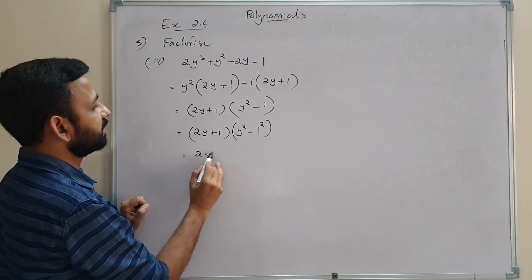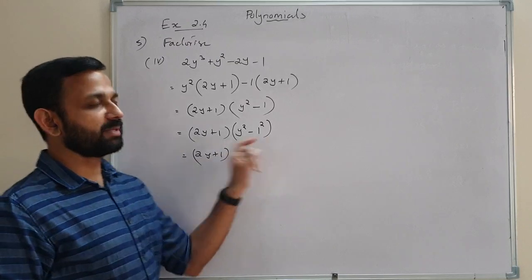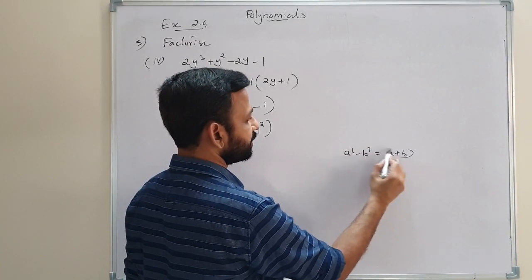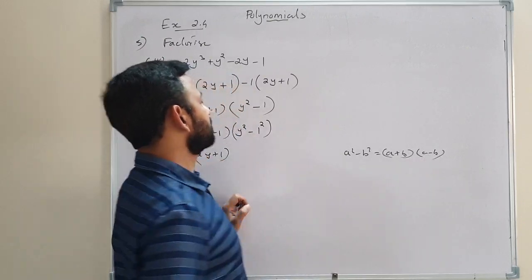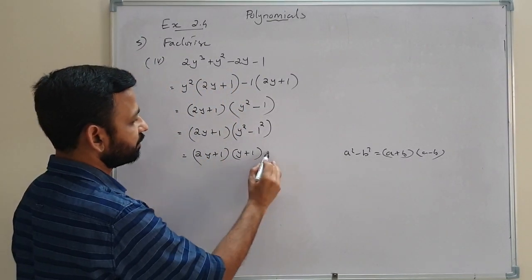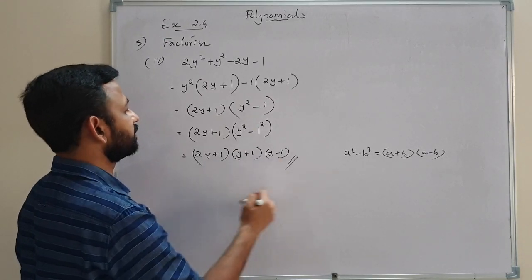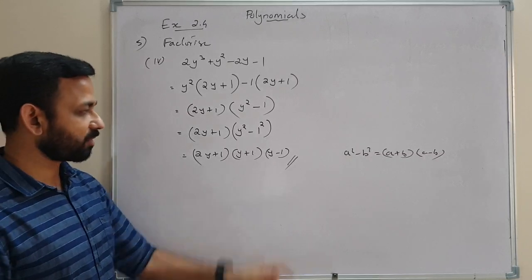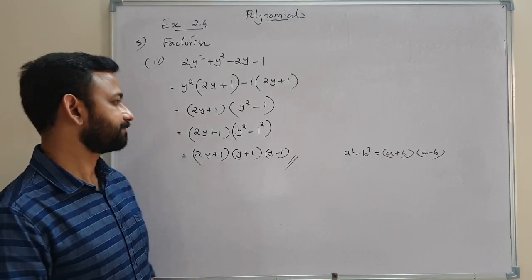Using a square minus b square equals a plus b into a minus b, y square minus 1 square is y plus 1 into y minus 1. So we converted the given expression into the product of its factors.